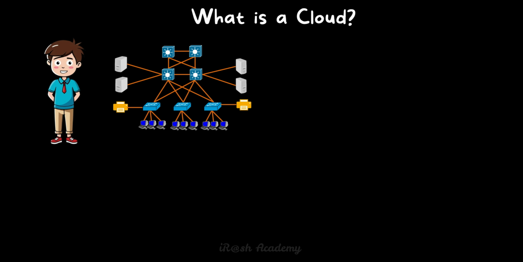Moreover, he wanted an IT department team to take care of all of his servers. And when his server hardware and software got outdated, he would have to invest a huge amount of money to upgrade them. So when he considered all of these points, he decided to move all of his critical services into the cloud. So what is a cloud actually?